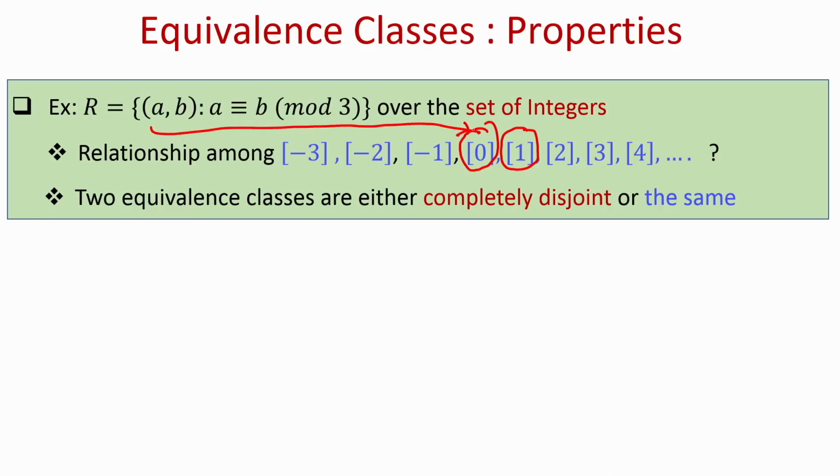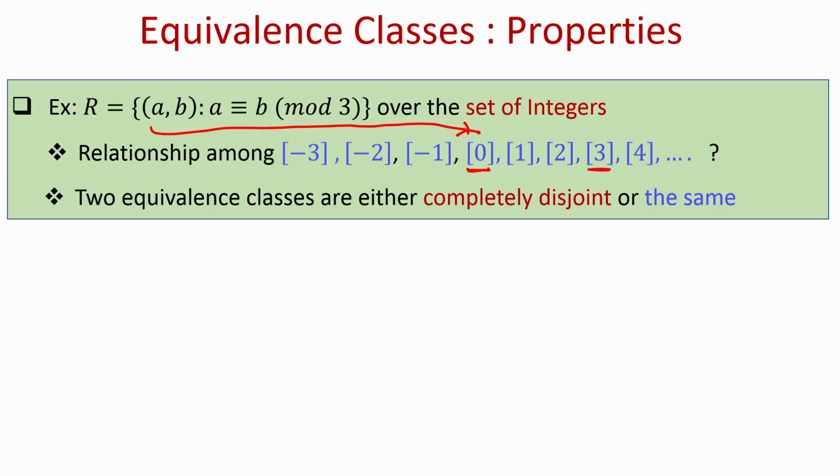You can't have an integer b which is congruent to 0 modulo 3 as well as simultaneously congruent to 1 modulo 3. Whereas, if you consider the equivalence class of 0 and the equivalence class of 3, they will be exactly the same, they will have exactly the same elements.